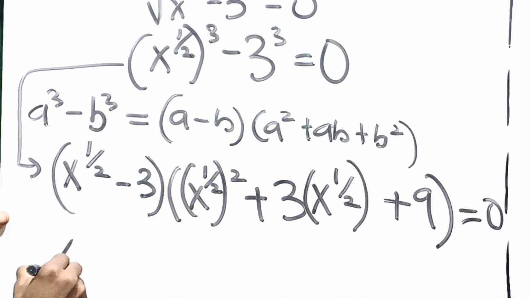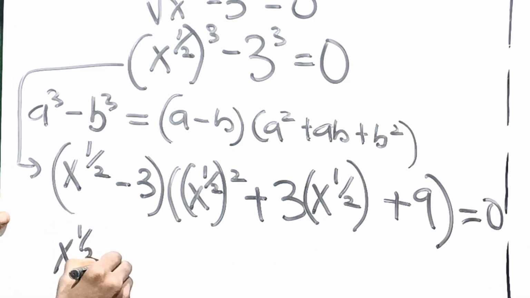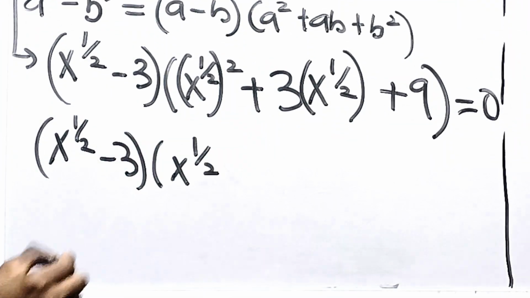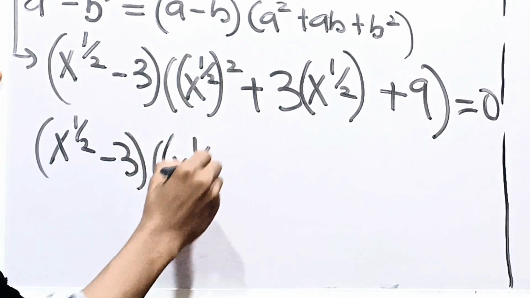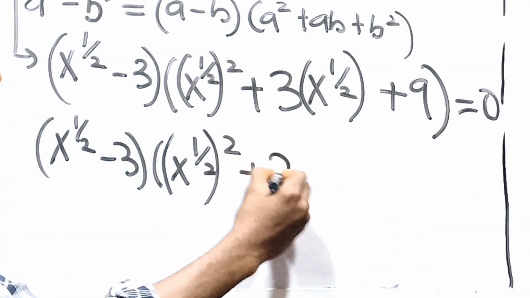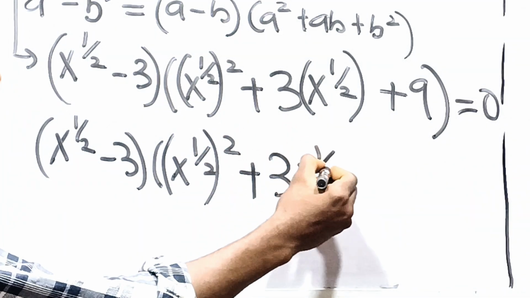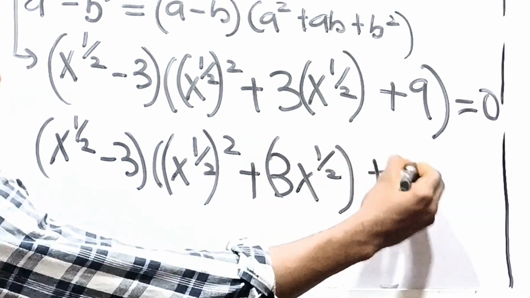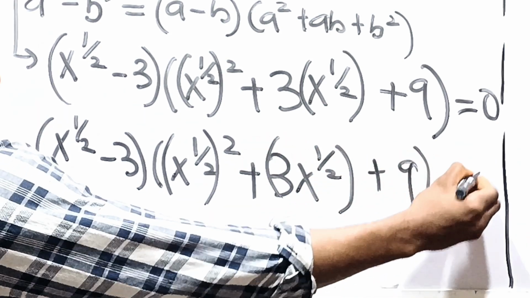Moving on, x raised to the power half minus 3 multiplied by x raised to the power half squared plus 3x raised to the power half plus 9 equal to 0.